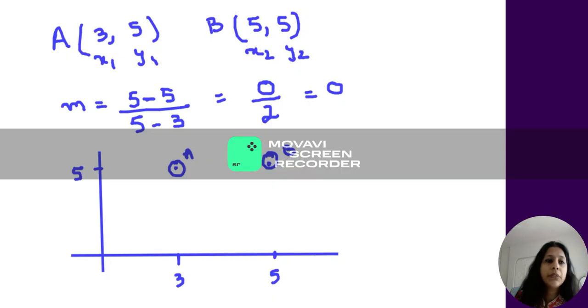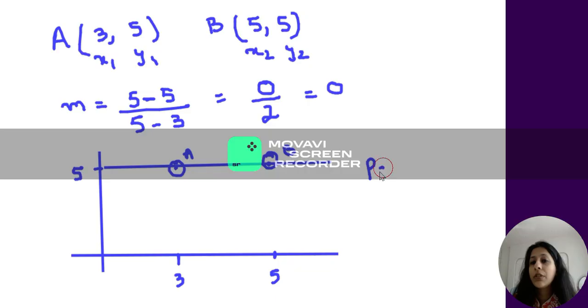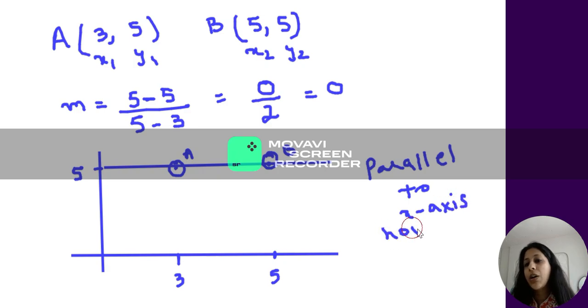Now what do you observe here? If you join these points, you will find that I get a line which is parallel to the x-axis, right? It's a horizontal line. It's a line parallel to the x-axis or a horizontal line.